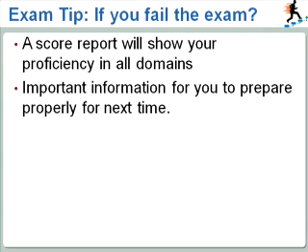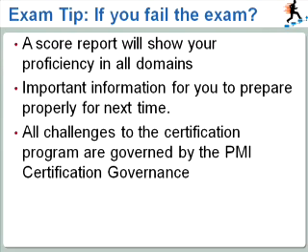If you believe that there was an actual mistake during your exam or on your score report, then you can challenge the result. The PMI certification program is administered and supervised at the Global Operations Center. All challenges to the certification program are governed by the comprehensive and exclusive rules of the PMI Certification Governance Council's Certification Appeals Procedure.